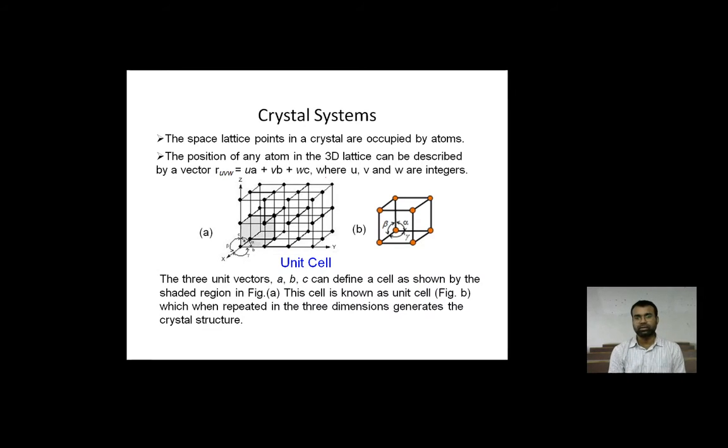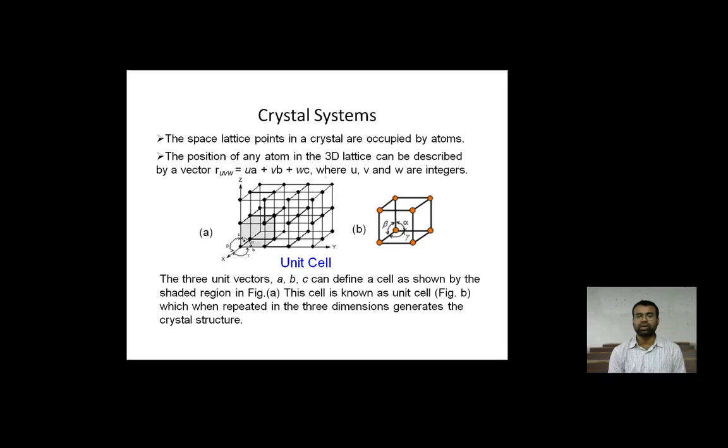The vector u v w gives the coordinates, where the integers are defined by the crystal system. So that is uA plus vB plus wC. These all relate to the coordinates X, Y and Z, and that is how these things are examined.